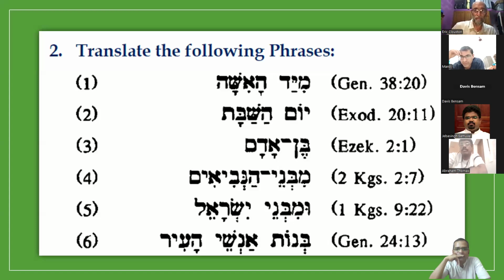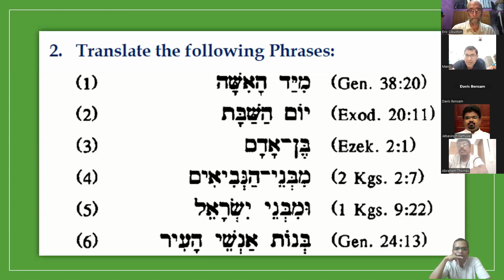But the conjunction vav is not there, right? Yes, sir. The daughters of men of the city. Okay, sorry.